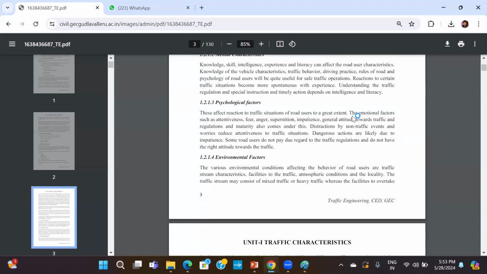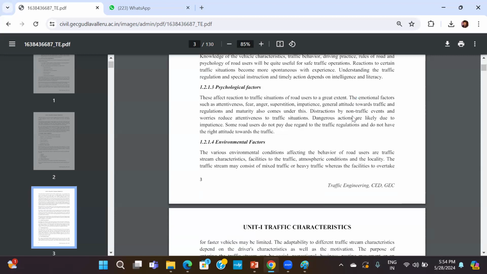And the fourth one is environmental factors. Considering the above three, this is also one of the factors. Various environmental conditions affecting the behavior of road users are traffic stream characteristics, facilities for the traffic, and atmospheric conditions. This is very important: as the season changes, it also impacts the road user.